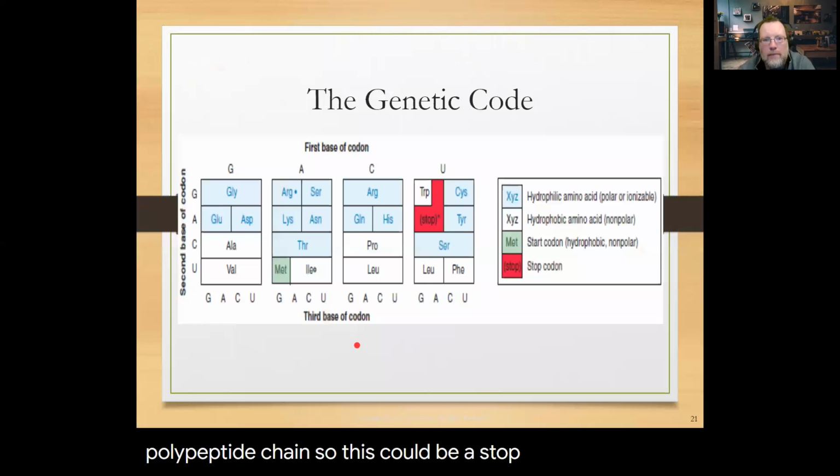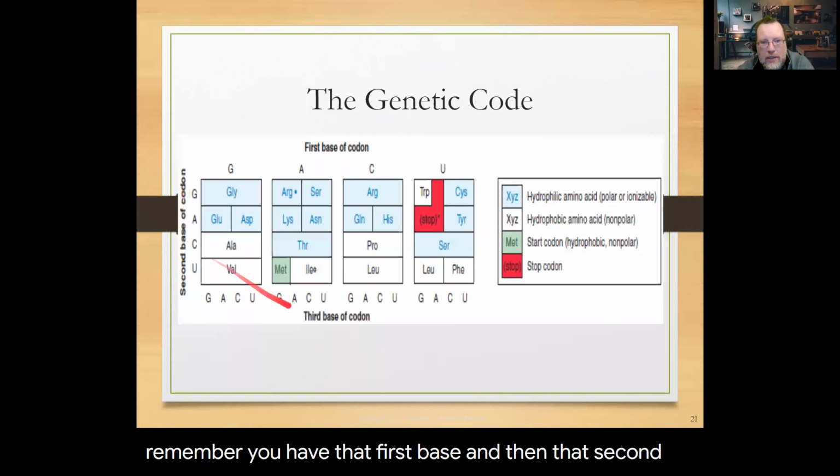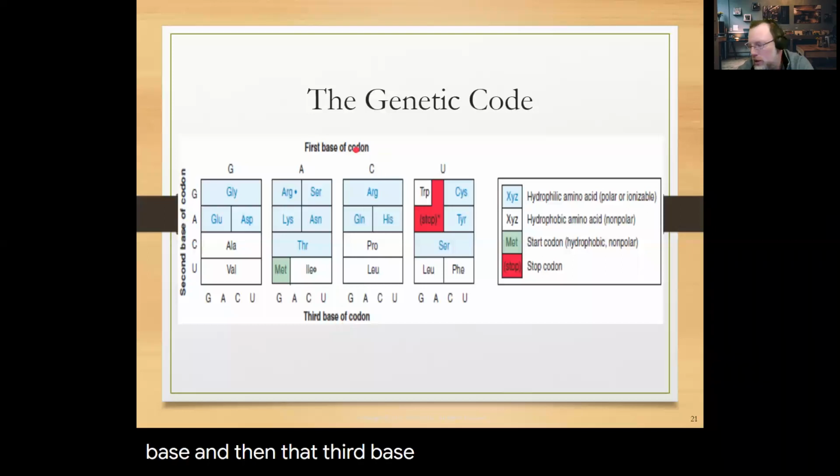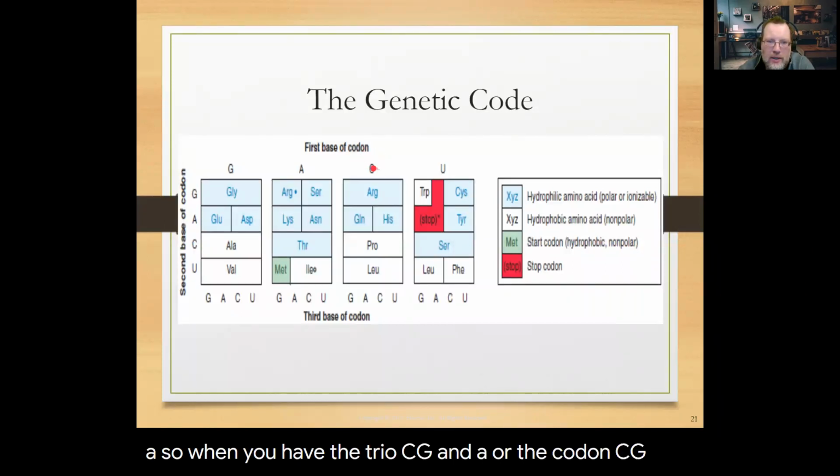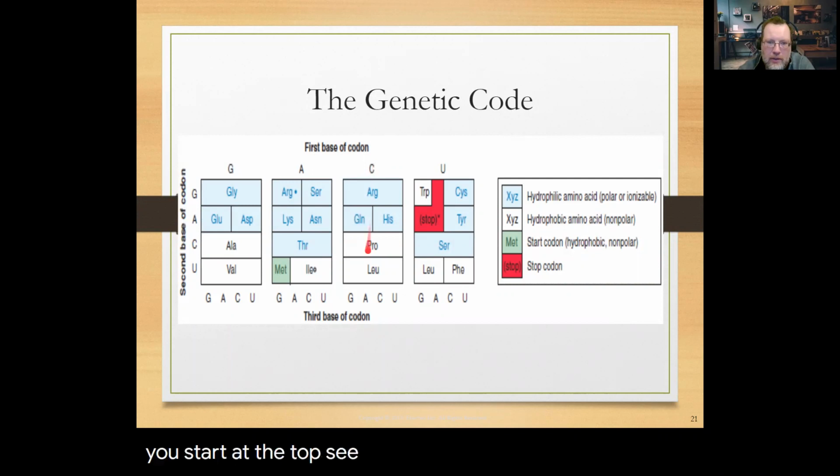So what they've developed to figure out the genetic code is, remember, you have that first base, and then that second base, and then that third base. So we're going to do C, G, and A. So when you have the trio C, G, and A, or the codon CGA, you start at the top, C. So this is the box we're going to use. And by the way, all of these are the 20 different amino acids.